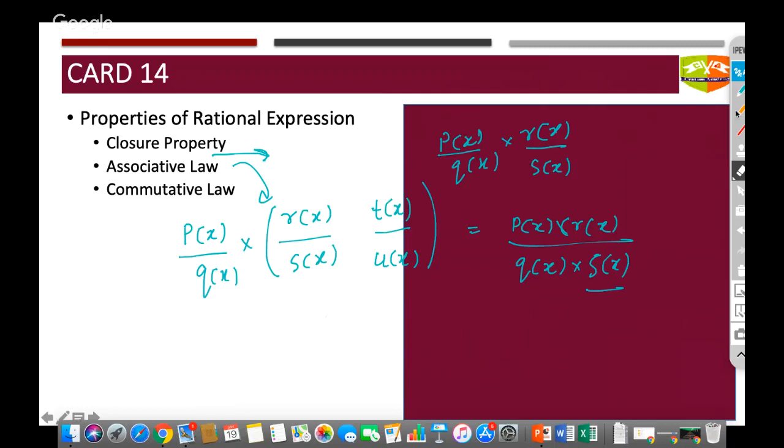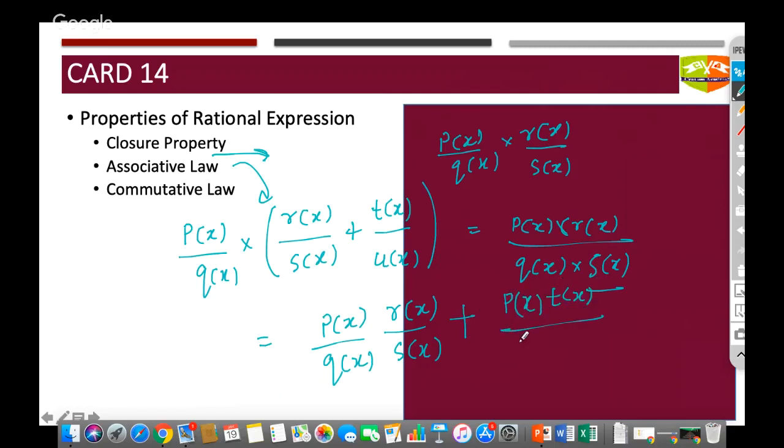So what happens over here is I will put a positive sign here, and this will turn out to be px by qx multiplied by rx into sx, and plus you can write px into tx multiplied by qx into ux. This is what you can write in case of cumulative law.